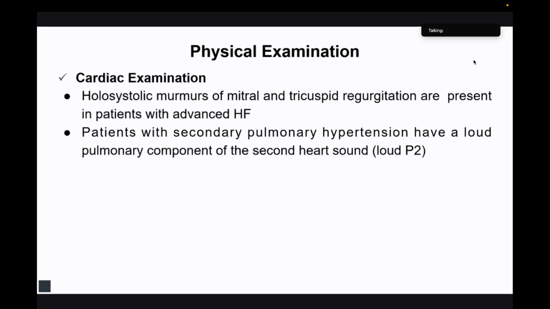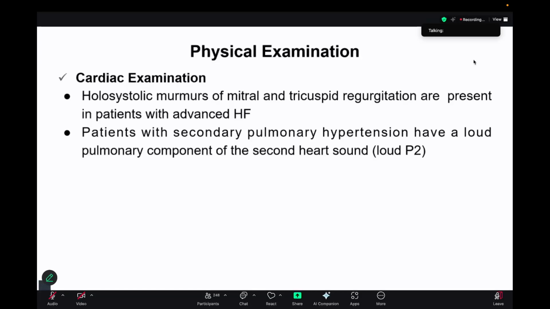If there is holosystolic murmur, this can be due to the presence of mitral and tricuspid regurgitation. And patients who have secondary pulmonary hypertension will have a loud pulmonary component of the second heart sound, what we call a loud P2.